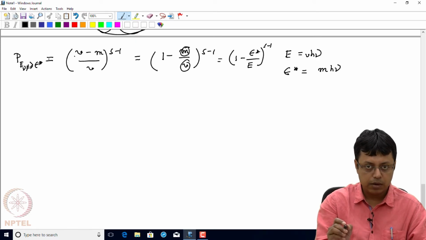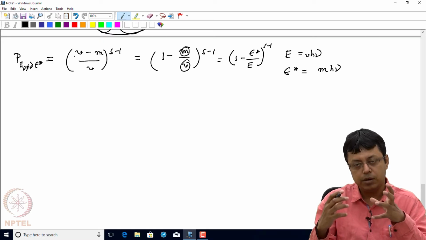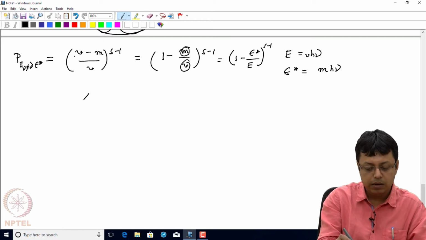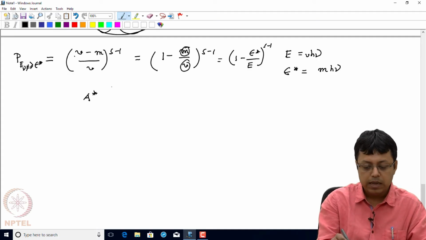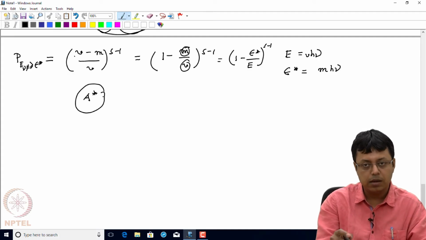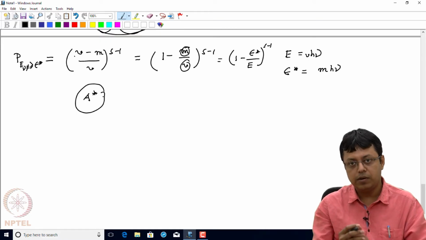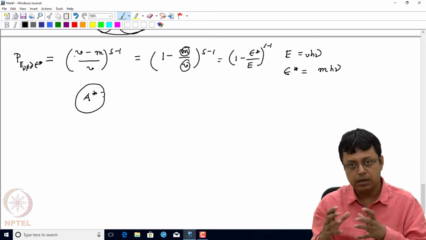That probability we calculated. Now, the difference between the earlier one, which is the Hinshelwood one, is how the internal degrees of freedom are partitioned in the ester.